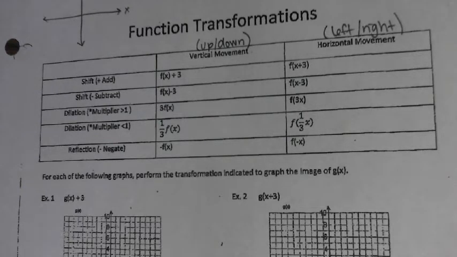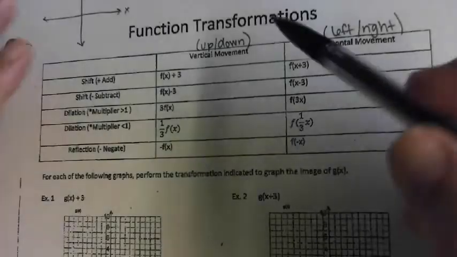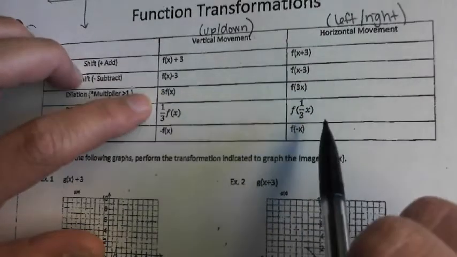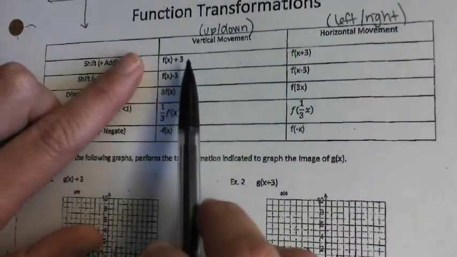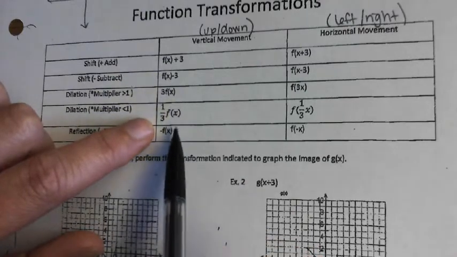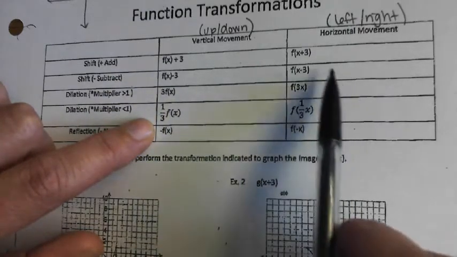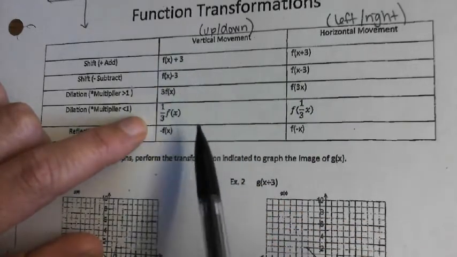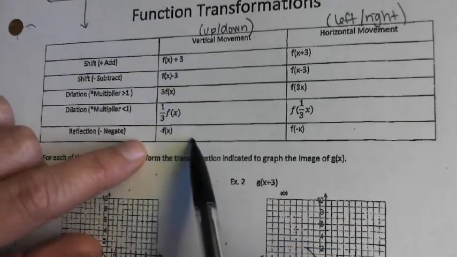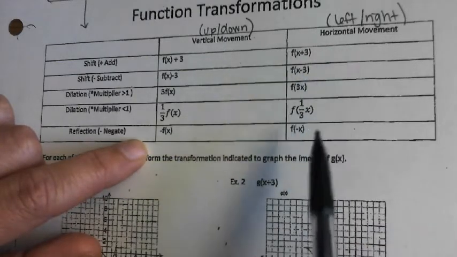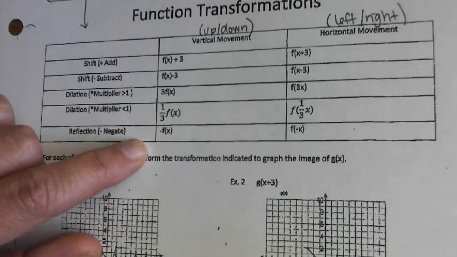So let's do vertical first. And maybe we'll even compare the columns. What do you notice in your vertical column? f of x is your function in both cases. What do you notice about the operations happening to f of x here and the way it's written versus the way things are happening to f of x in the horizontal column?